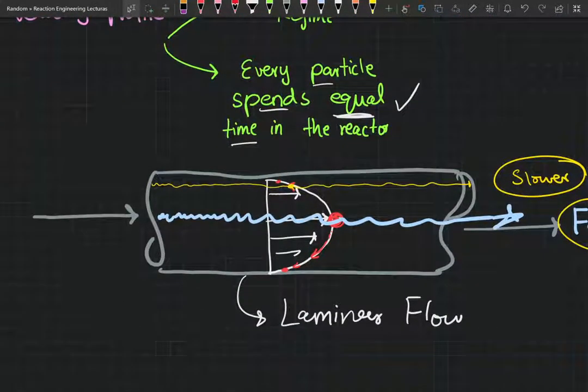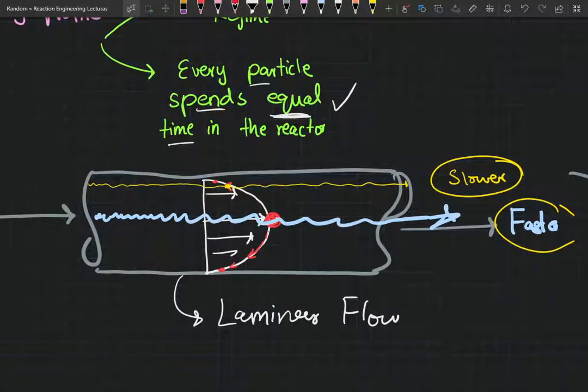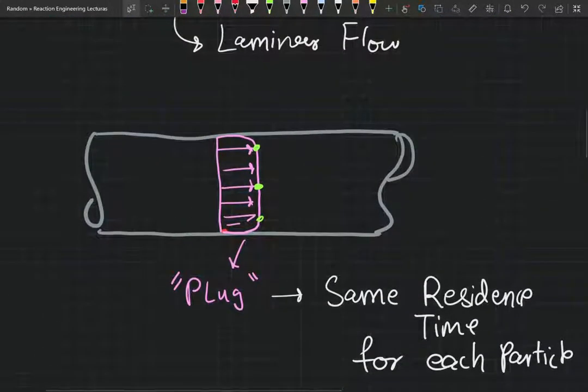We compared the laminar profile, where the particles at the center are faster than the particles at the edge, versus plug flow, where particles at the center and at the edges spend the same amount of time in the reactor.